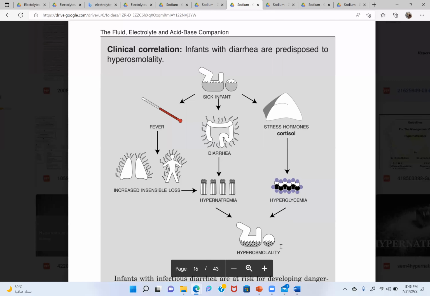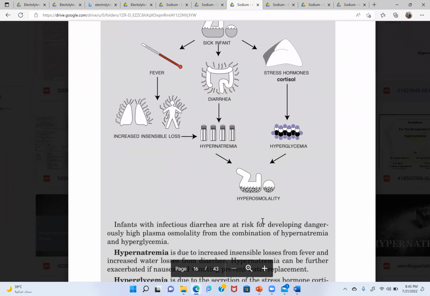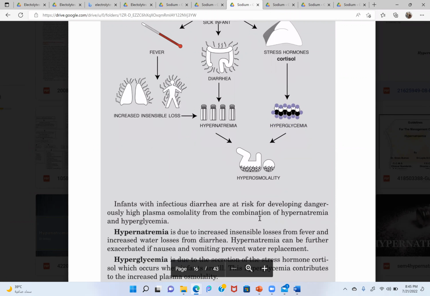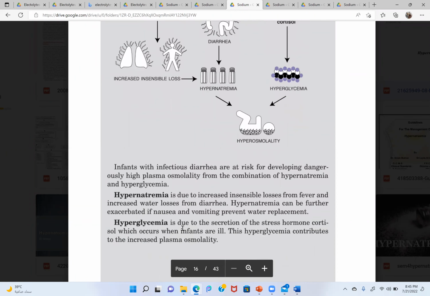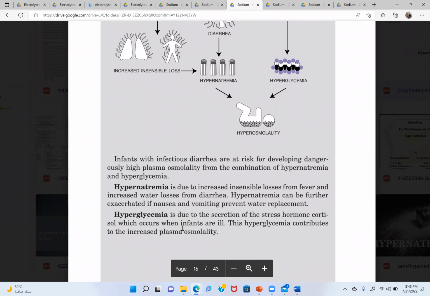So it is causing hyperosmolarity. Infants with infectious diarrhea are at risk of developing dangerously high osmolality from the combination of hypernatremia and hyperglycemia. That's what he is explaining.